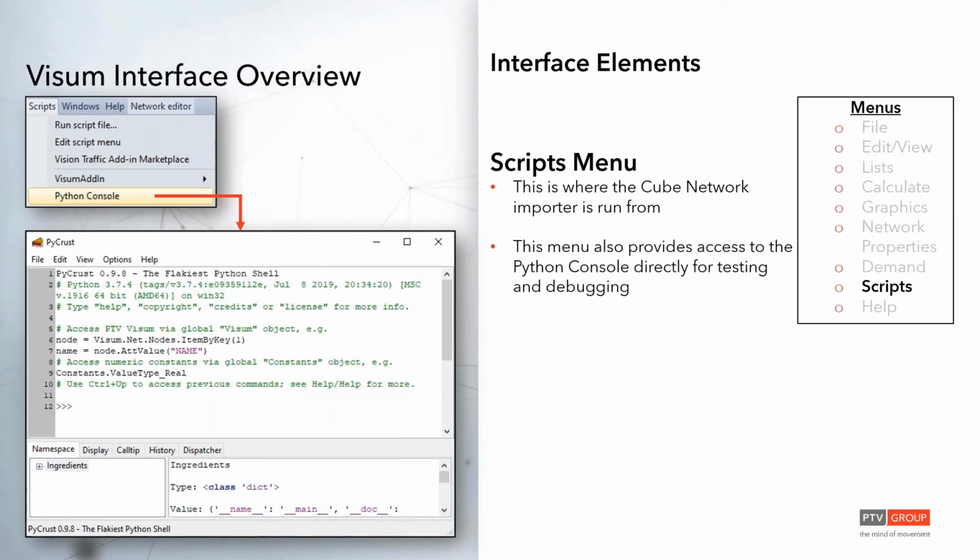So Visum, as I mentioned earlier, has a very powerful Python API, and you can either run Python scripts, or you can open the Python console and run Python commands interactively.